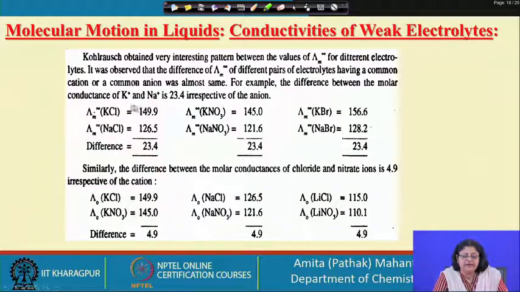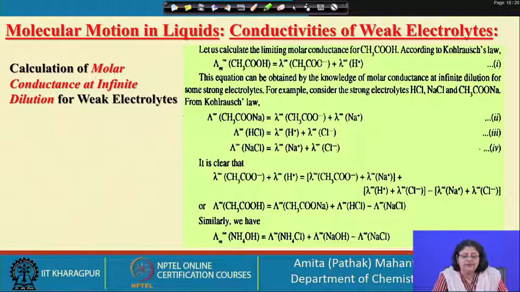He repeated the experiments and found this is the difference. For nitrate, whether it is potassium or sodium nitrate, the difference in the molar conductivity is going to be 23.4. These are observations which he kept making and which are helpful to find out the molar conductivity of a weak electrolyte at infinite dilution.